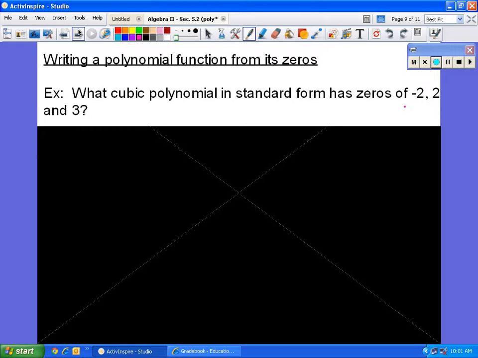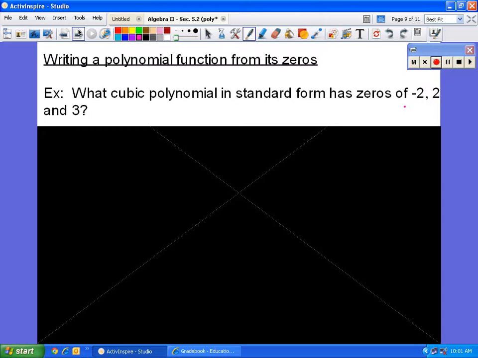That's right. Okay, so if I have a binomial and my 0 is the opposite of what's inside the binomial, if I'm given the answer, what does my factor look like? So if I have negative 2, what's the binomial that goes with negative 2?